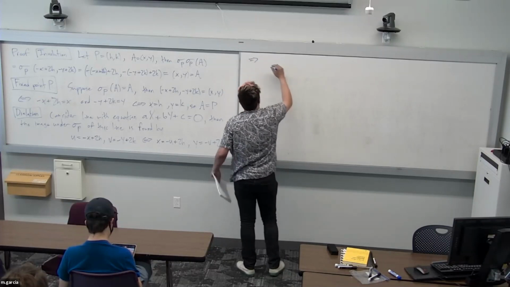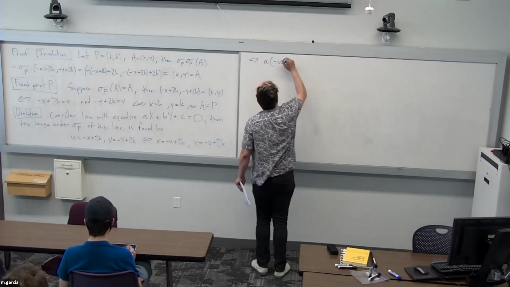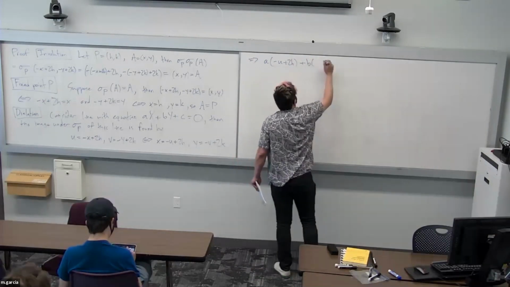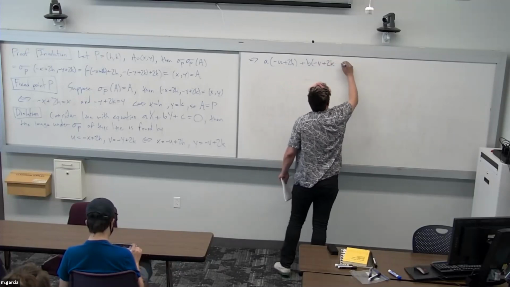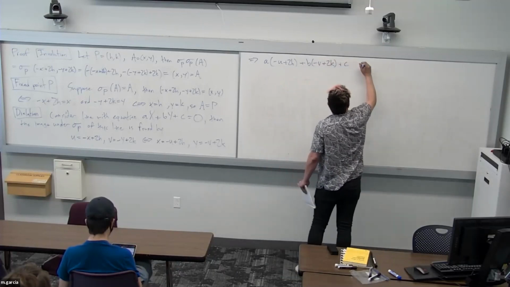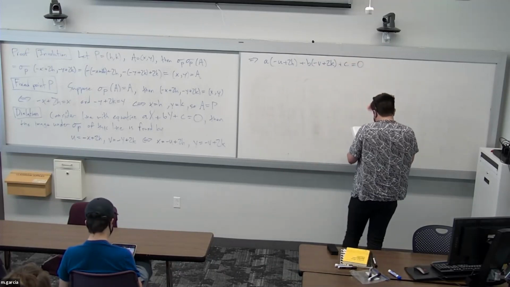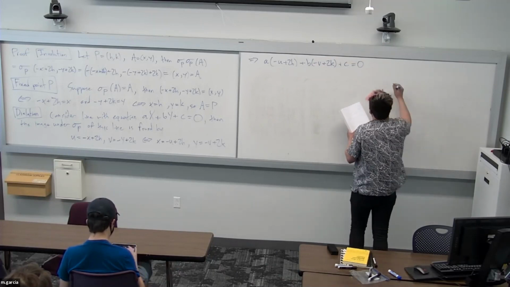So we get a times negative u plus 2h plus b times negative v plus 2k plus c equal to 0. Okay, so we rearrange this. What do we get?